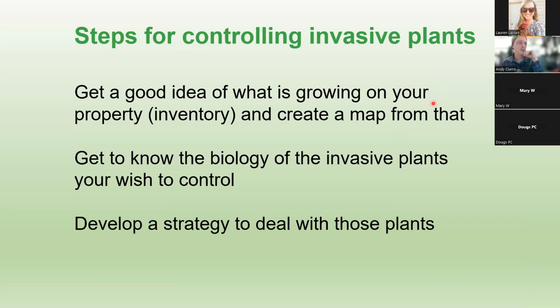A lot of new landowners will contact me and want to get a plan going right away, but you really have to know your own property and know where the bad spots are, where everything is growing. That's an important first step.